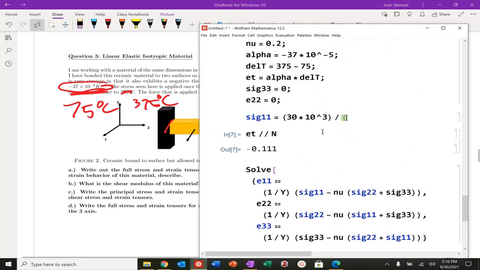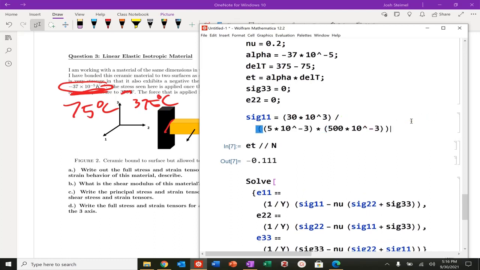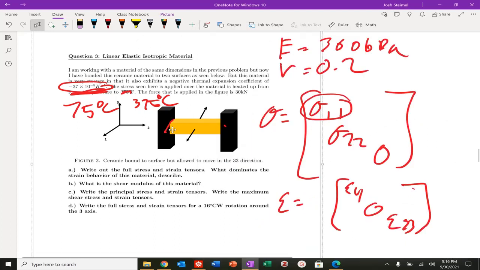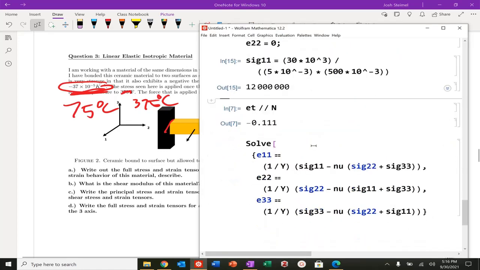Divided by the cross-sectional area, which is 5 times 10 to the minus 3 times 500 times 10 to the minus 3. So that is my sigma 11. Again, 5 millimeters here, 500 millimeters here. Same dimensions as the last one.